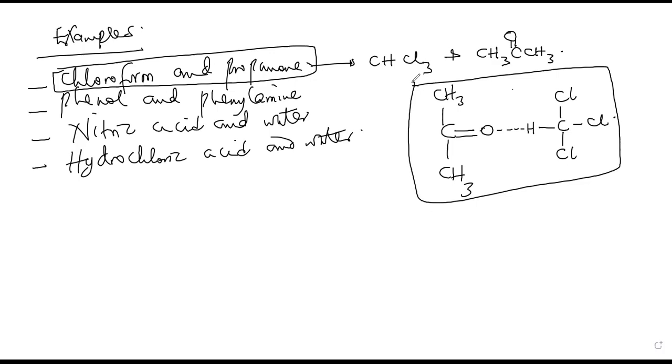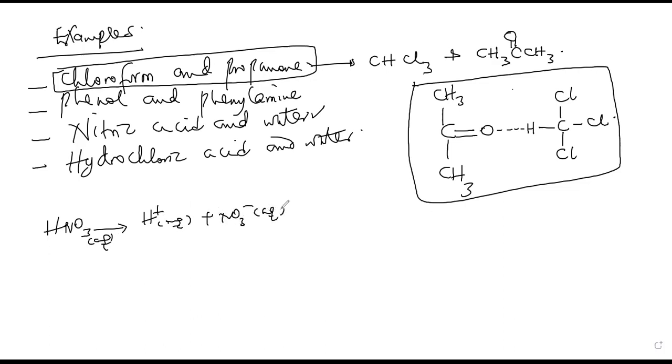The same applies for the liquid mixture of nitric acid and water. If you look at nitric acid and water, there is ionization of the covalent molecules of the acid in water. This nitric acid ionizes in water, forming hydrogen ions and the nitrate ion.